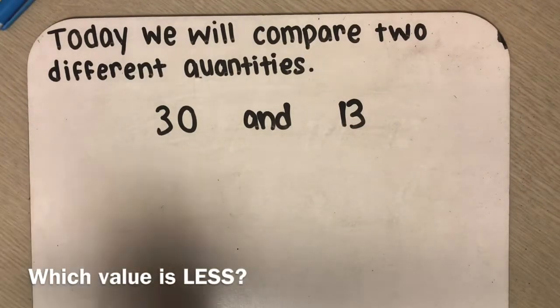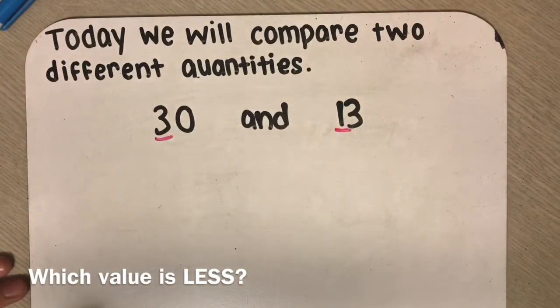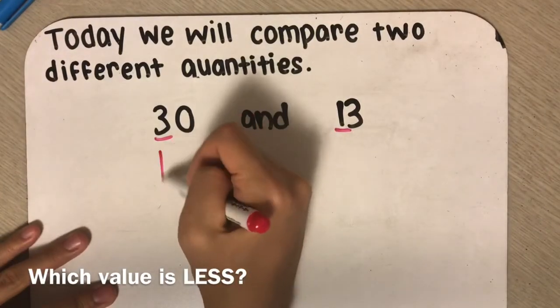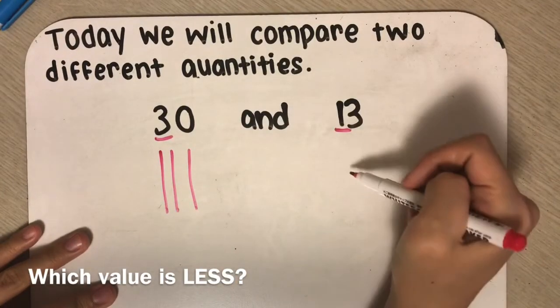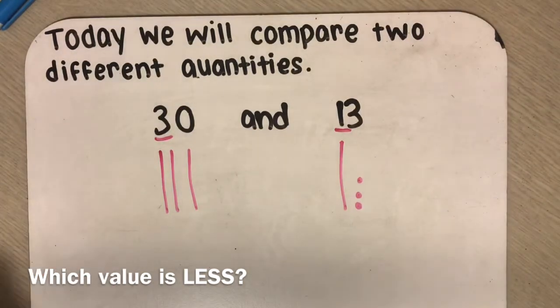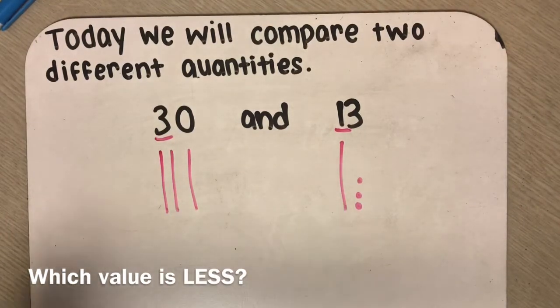We can take a look at our place value. We can also draw quick tens to help us. 10, 20, 30, 10, 11, 12, 13. Can you see which number is less? Is it 30 or is it 13?